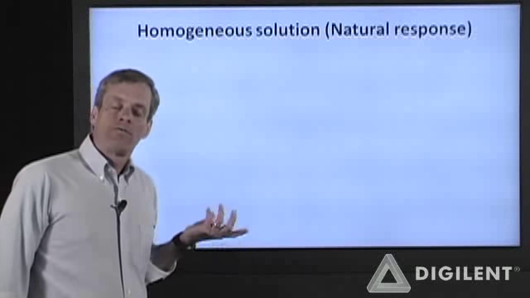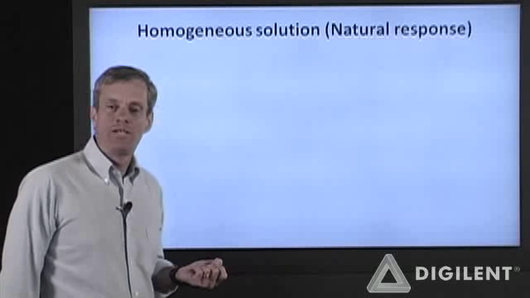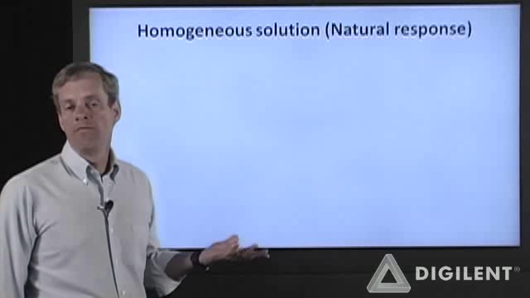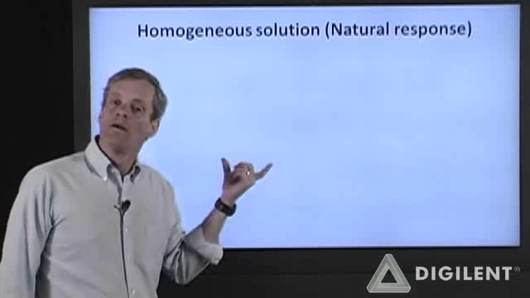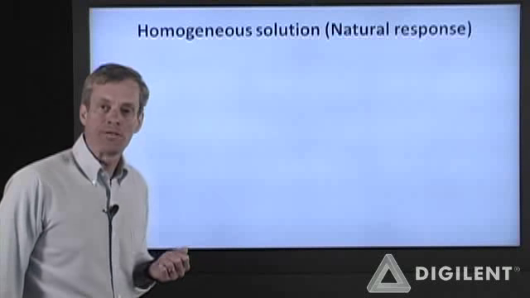Now, at one point for first-order systems, we said that one common way to solve differential equations is to just guess the solution. The solution will always be of the form e to the something times t for linear, constant coefficient, ordinary differential equations.